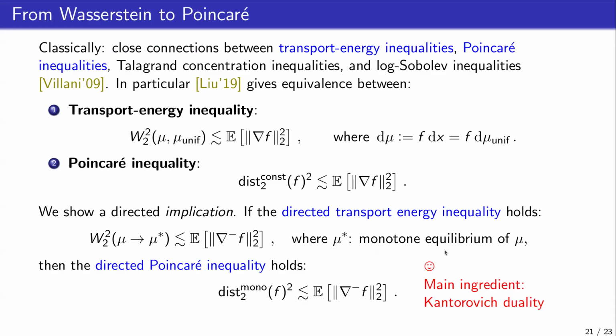And all I want to say here in terms of technical ingredients is that it uses duality. Basically the one most important tool in optimal transport is this notion of Kantorovich duality. And that's exactly what we use. And the proof is not too different from the proof of the classical equivalence. You need new technical tools or lemmas to handle the fact that everything here is directed, but it would be the natural thing to try, essentially.